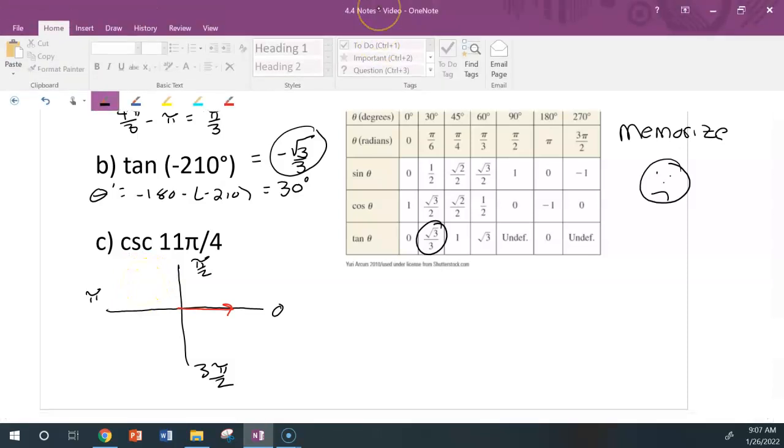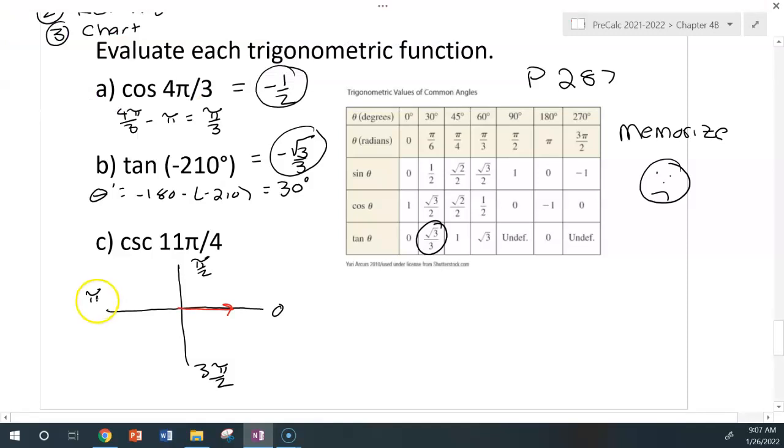Let's figure out where 11 pi over 4 is. 11 pi over 4 is just a little bit less than 12 pi over 4. So I realize that I'm pretty close to 3 pi. So 0, 1 pi, 2 pi, 3 pi. That puts it over there.